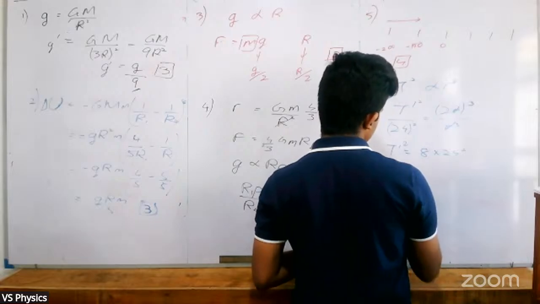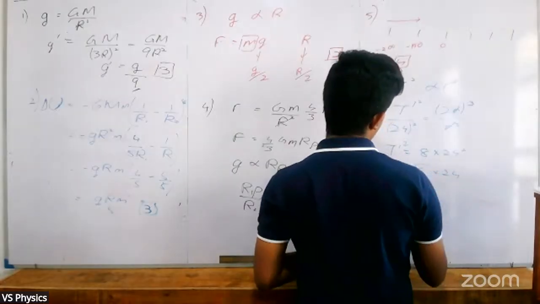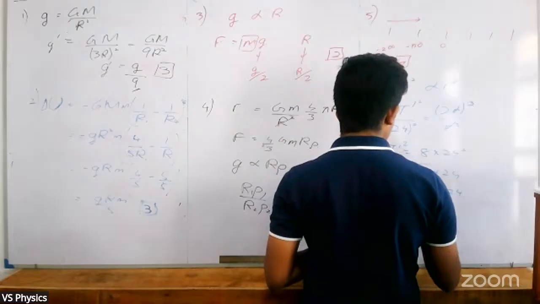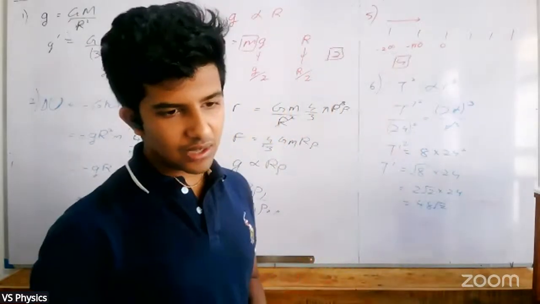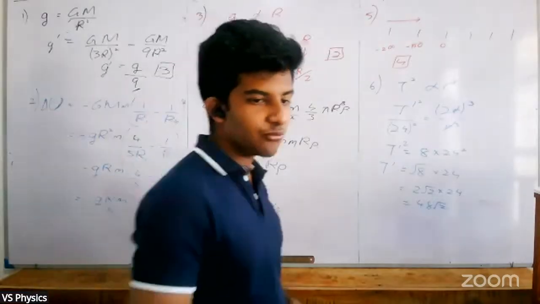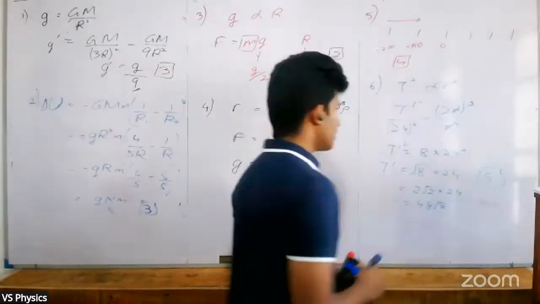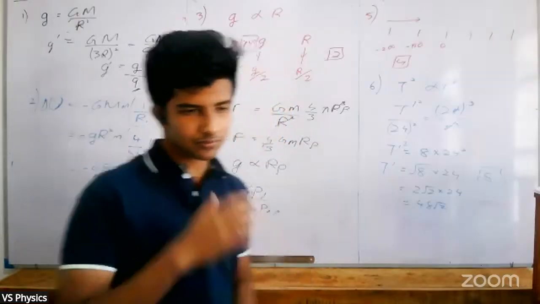If we take the root, we get root 8 times 24. What is root 8? 2 root 2, times 24, gives 48 root 2. Yes, we will spend 48 root 2 hours for the satellite to travel one revolution. So that is the fifth answer.